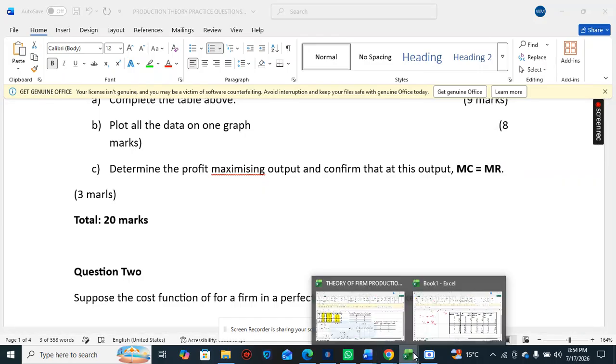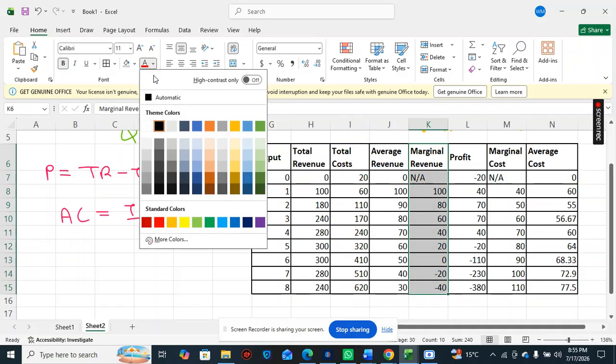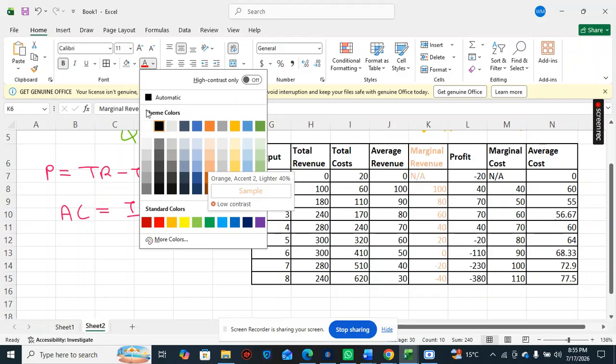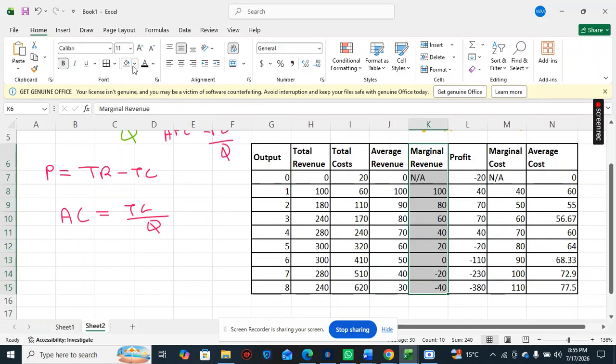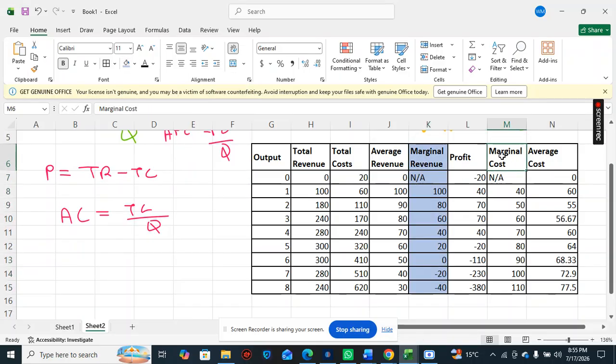So if we look on our table here, our marginal revenue column is here. Marginal cost column is here.